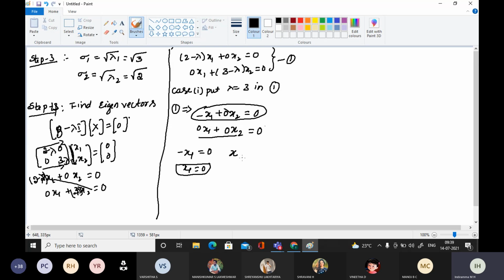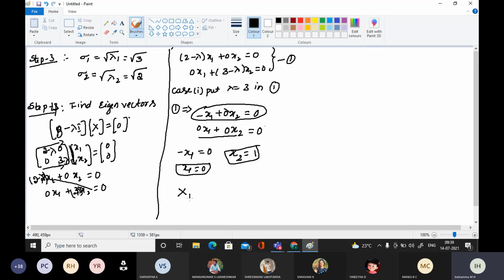Therefore, we have to assume x2 arbitrarily, correct? Did you remember we did the same thing in our first semester? We have to choose x2, say k1. We can choose any value for k1. For simplicity, I am choosing k1 equal to 1.